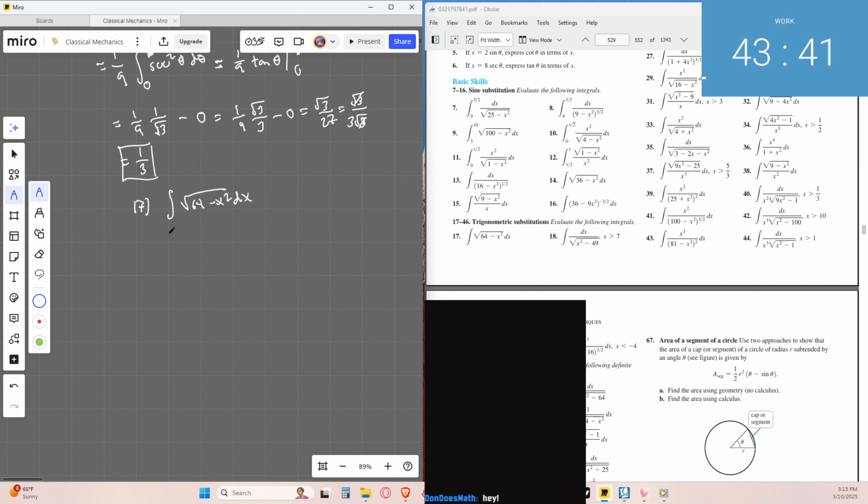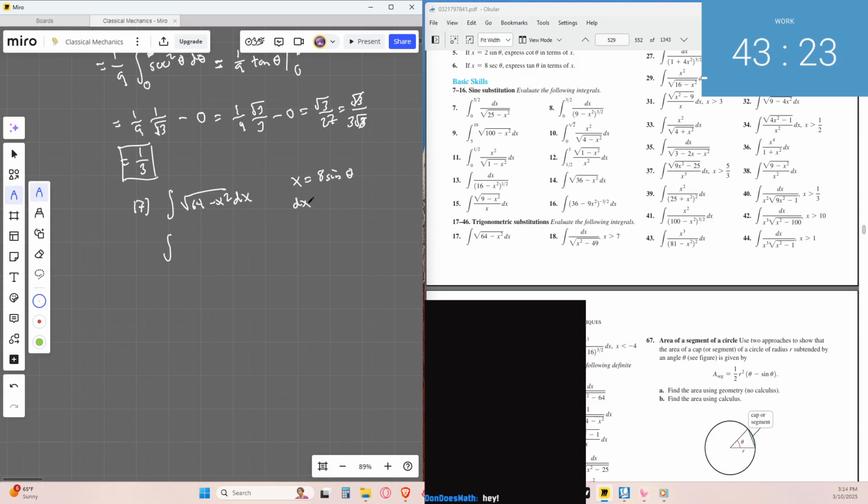So we are given this, and x will be 8 sine of theta. Oops, not d.